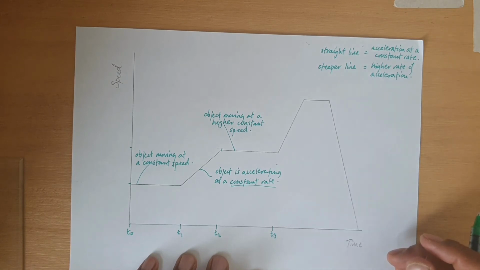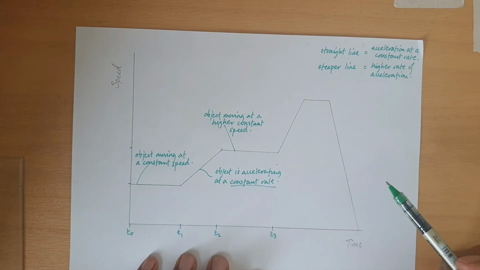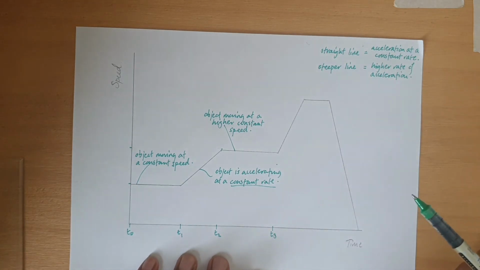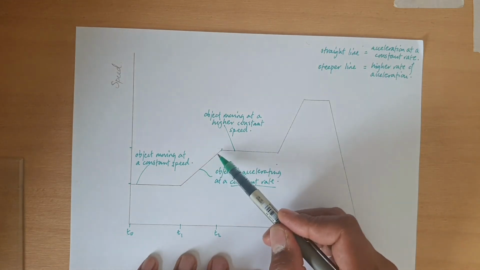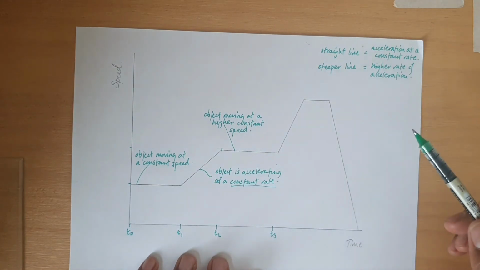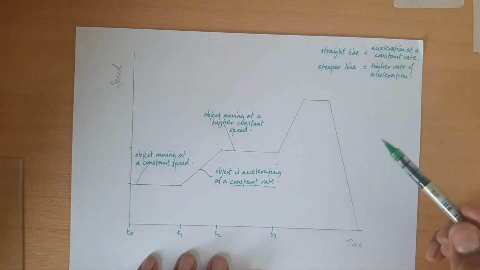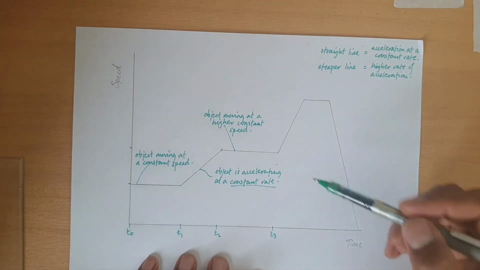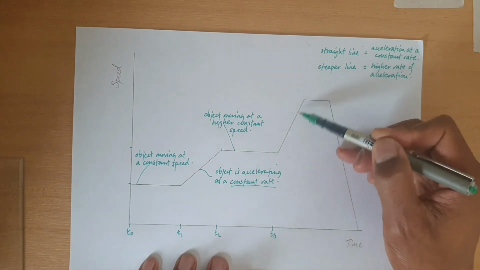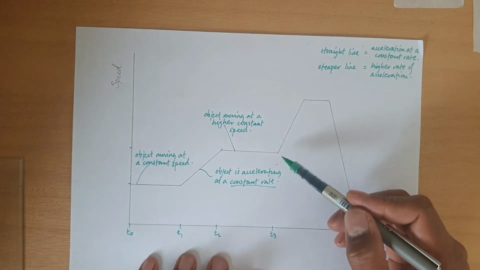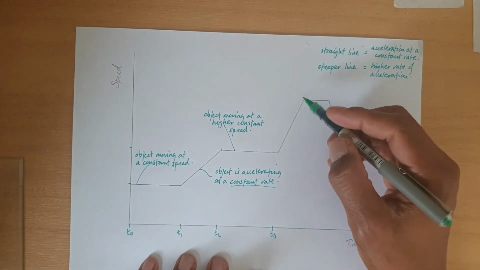If you imagine the acceleration of my Ford Focus with a 1.8 litre engine, it might look like that. But if you compare it to the acceleration of a Ferrari, it accelerates quicker. It speeds up quicker. So the Ferrari might look like this. The steeper line shows a higher rate of acceleration.